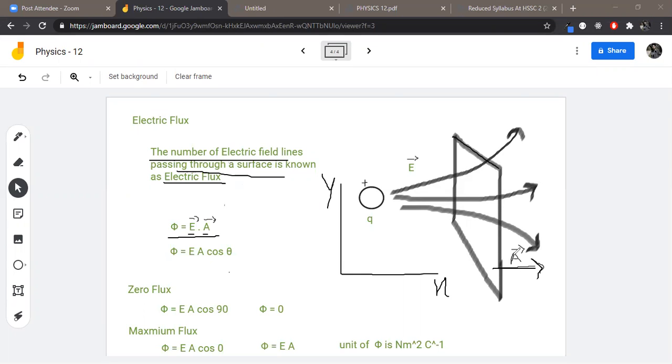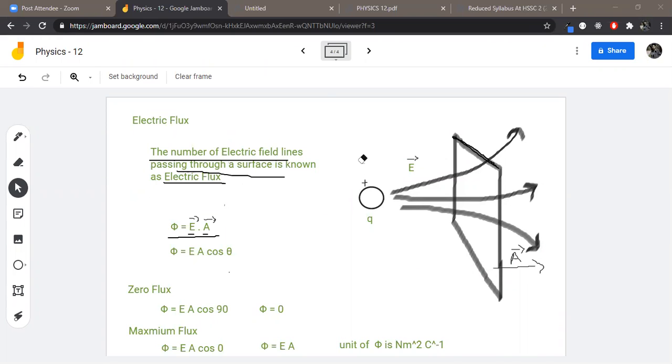What will be the area vector of this surface? It will be perpendicular to the surface direction. What is perpendicular to it? That is the x-axis. So the area vector will be along the x-axis.